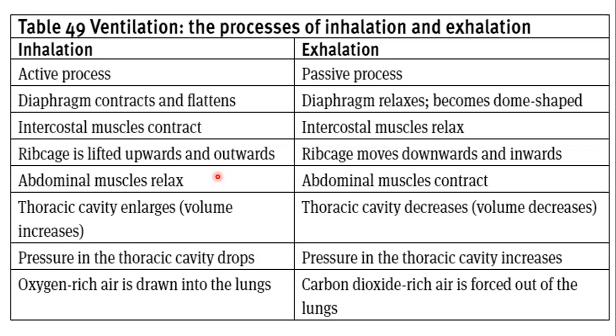You can clearly see there's upward movement and outwards movement from the outside. That's the rib cage being lifted upwards and then outwards. But in the process of exhalation, the rib cage moves back downwards and inwards.